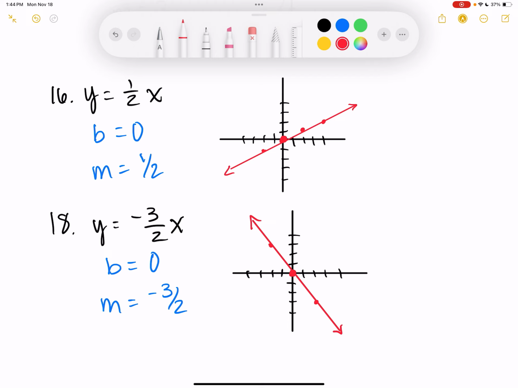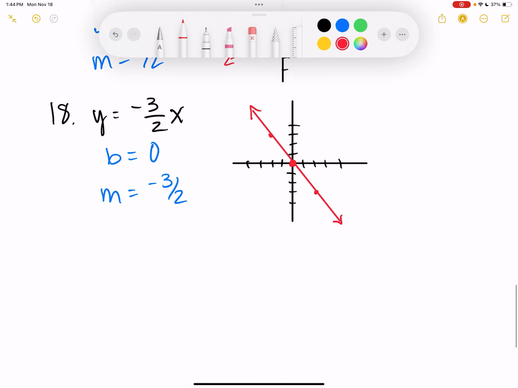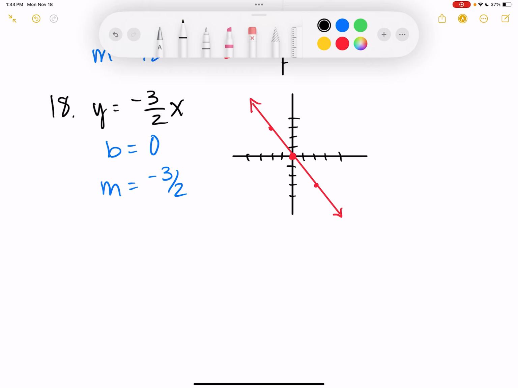All right, so the next ones, and the last main stuff in this section, is to write equations.